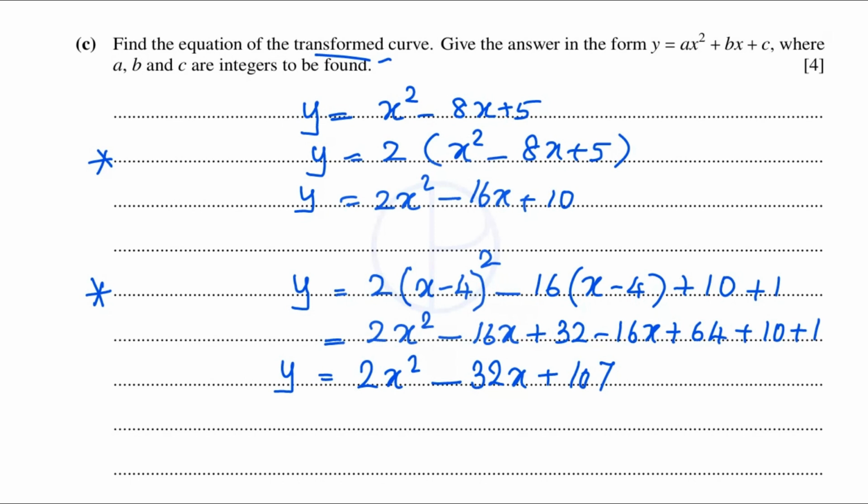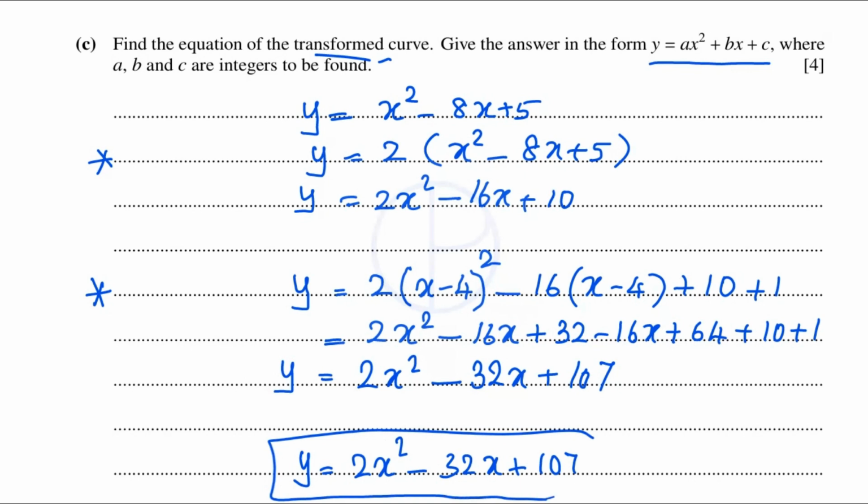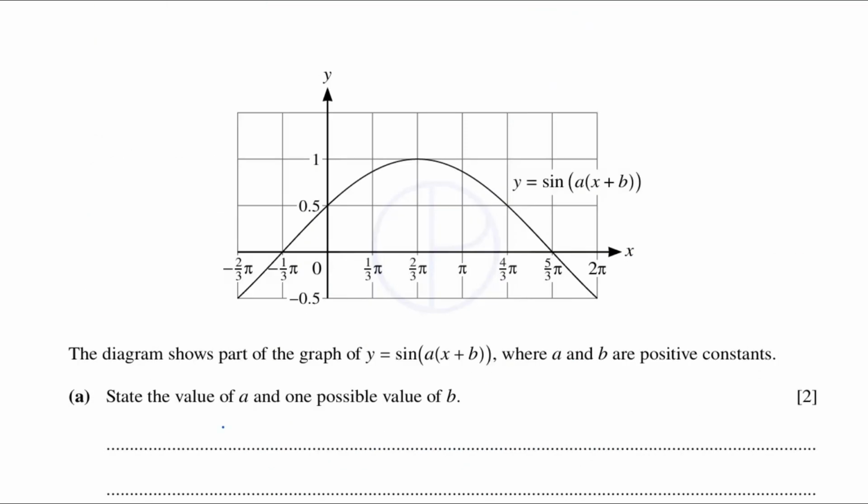So this is of the form y is equal to ax square plus bx plus c: 2x square minus 32x plus 107. The next question is, the diagram shows part of the graph of y is equal to sine of a multiplied by x plus b, where a and b are positive constants.